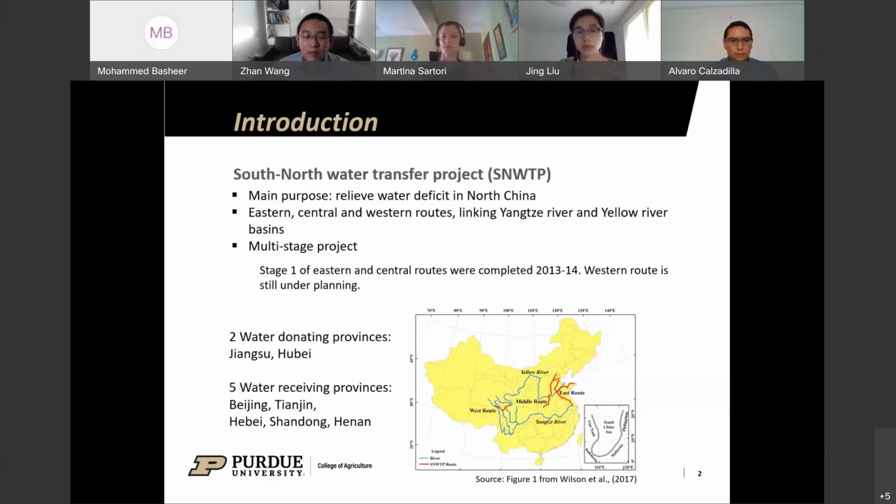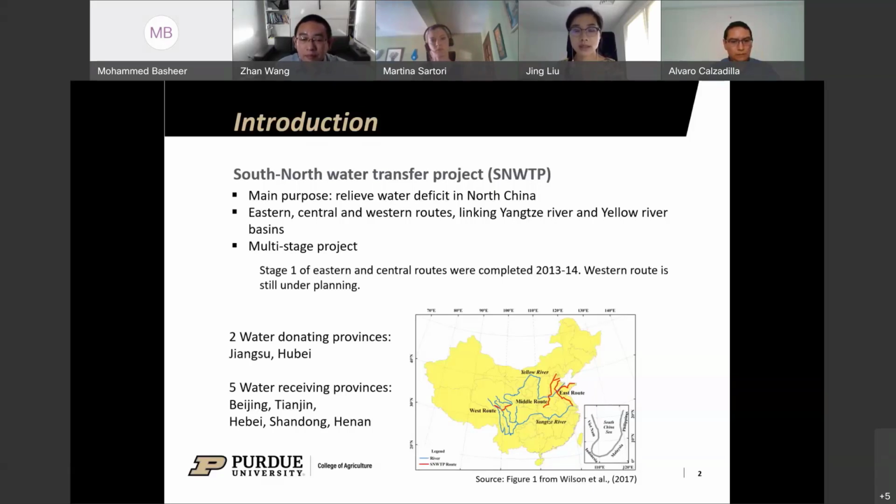But along the route, especially the eastern route, which was the first designed and constructed project, it is an open route, so it doesn't cover it up. So the water evaporates along the route, and a big proportion is getting lost. And there were also some ecological and environmental issues, but the middle route is closed up.